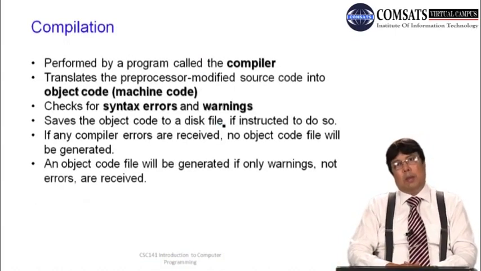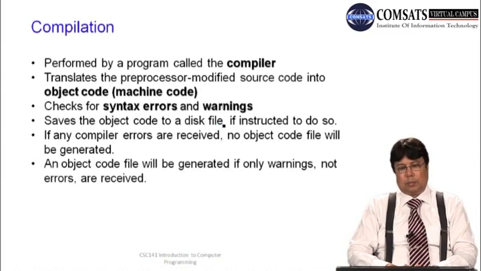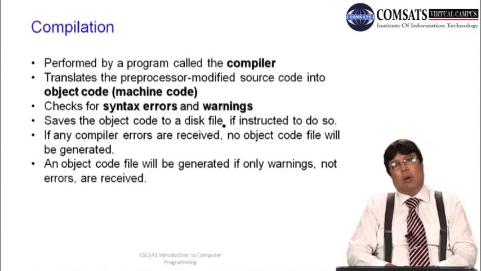A quick revision of the compilation. Compilation is done by a program called the compiler that translates your source code into an object code. An object code is called machine code. It checks the syntax according to the language.